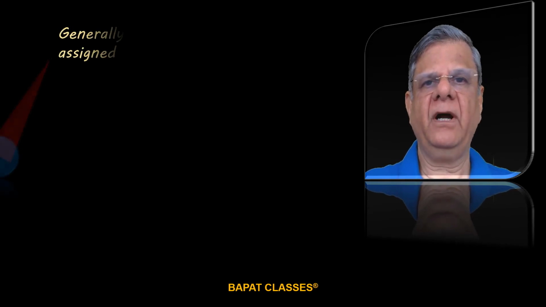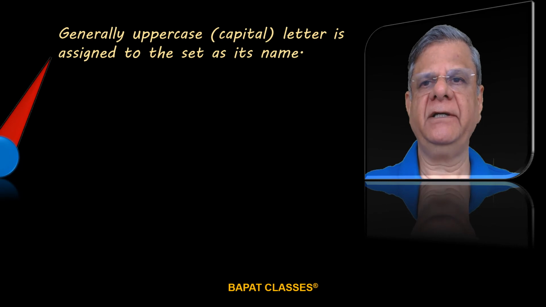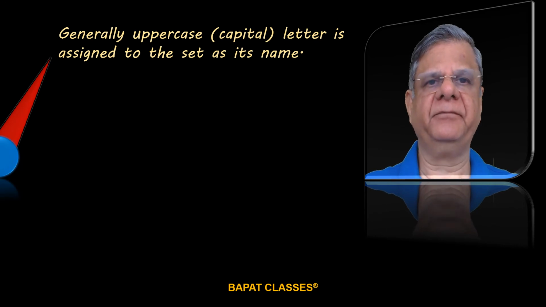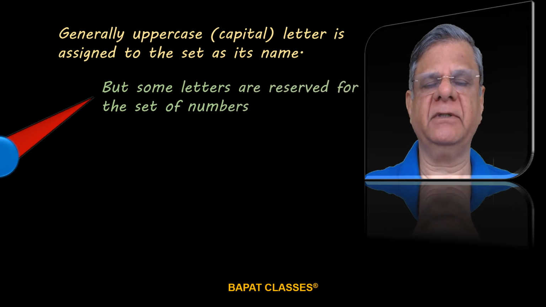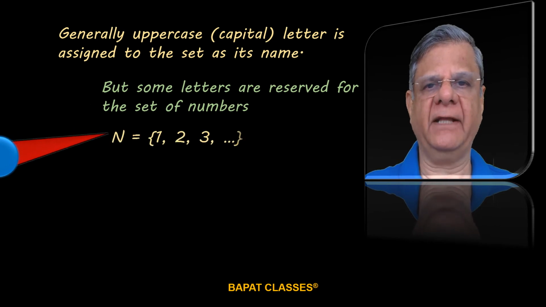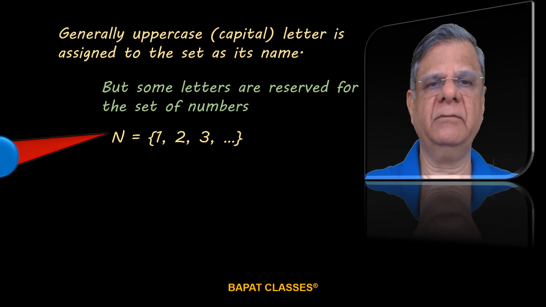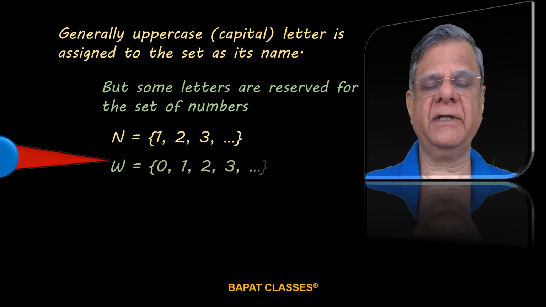Generally, an uppercase letter is assigned to the set as its name, but some letters are reserved for the set of numbers. For example, capital N is used for the set of natural numbers. W is used for the set of whole numbers.